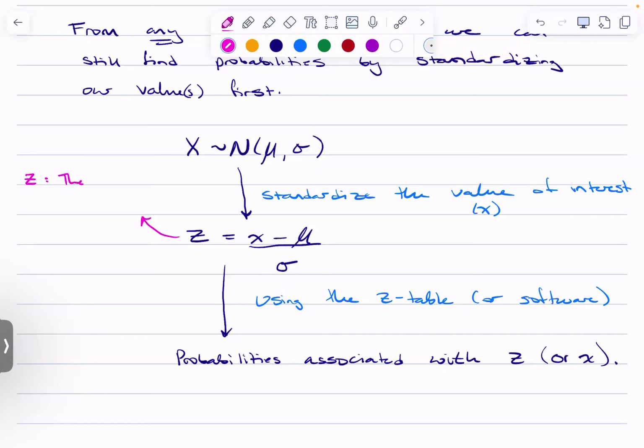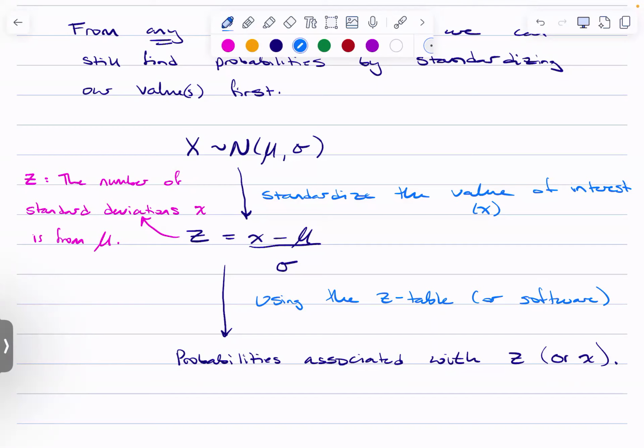It's convenient that we'll get negative z-scores if it's below the mean, and we'll get positive z-scores if it's above the mean.